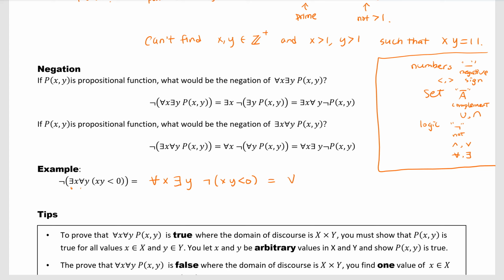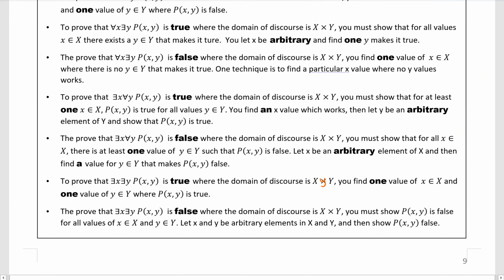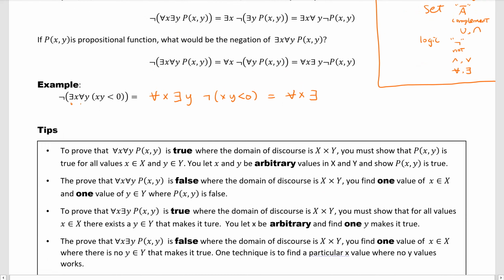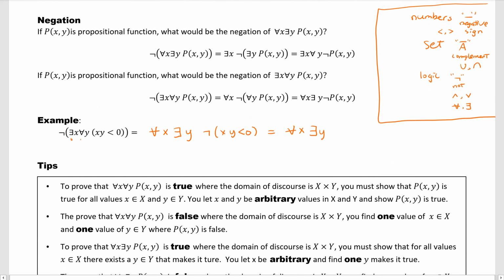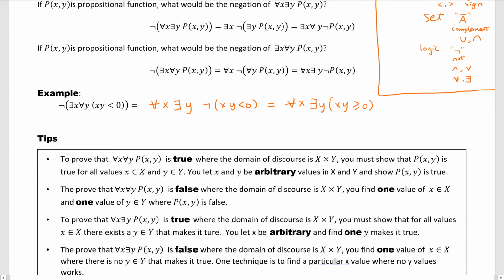Well, this is for all x, there exists y, xy is not less than 0. It means x times y is greater than or equal to 0. So this is what we get. So far, so good, everybody?